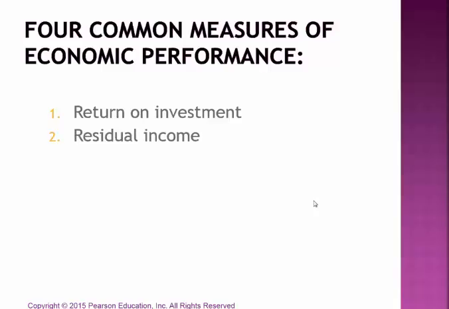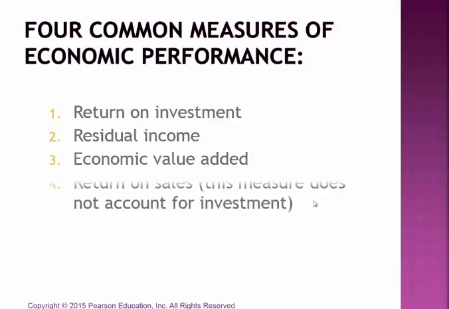We will also calculate residual income, or RI. We will also look at EVA, or economic value added. Those three right there are known as returns on investment. We will also look at a fourth one, return on sales.